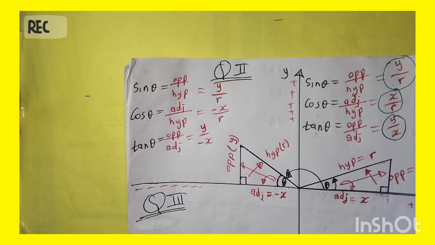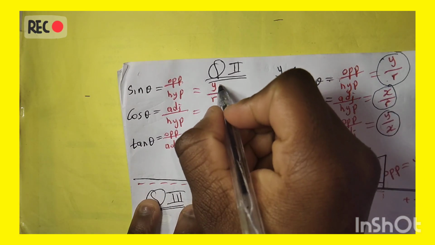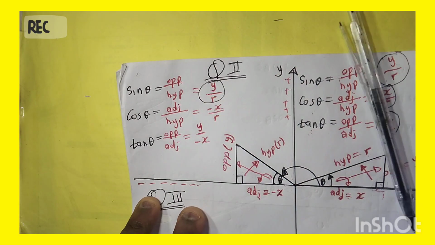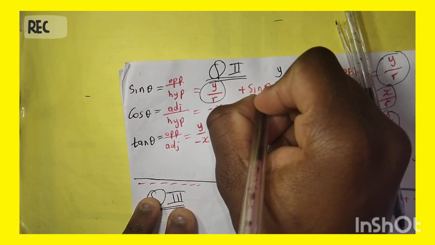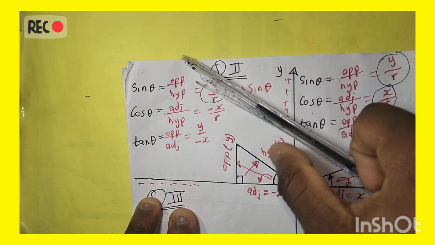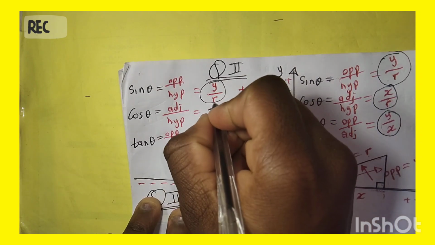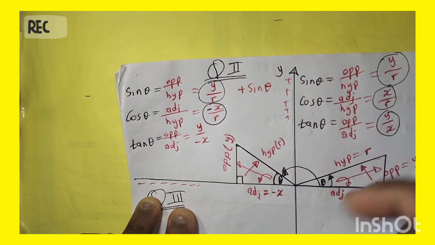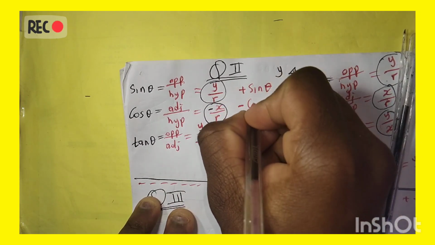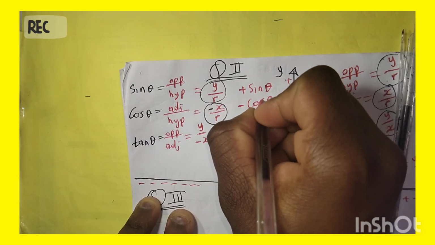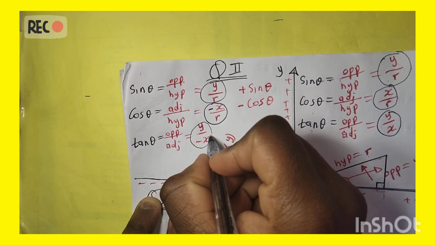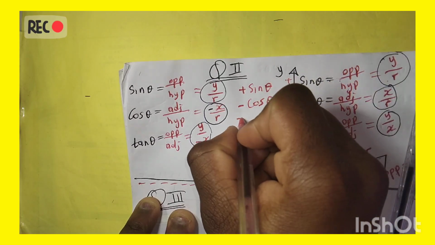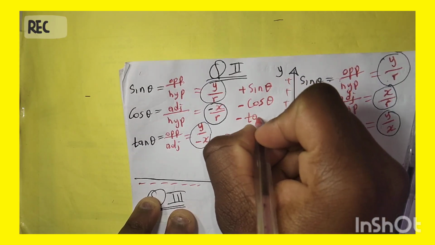This is so interesting. Here we got a positive sine. But if you take a look, our cos is negative. That tells me that cos is negative here. Then when I look here, my tan is also negative.